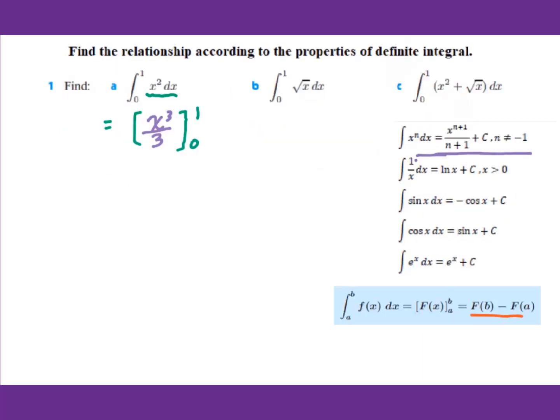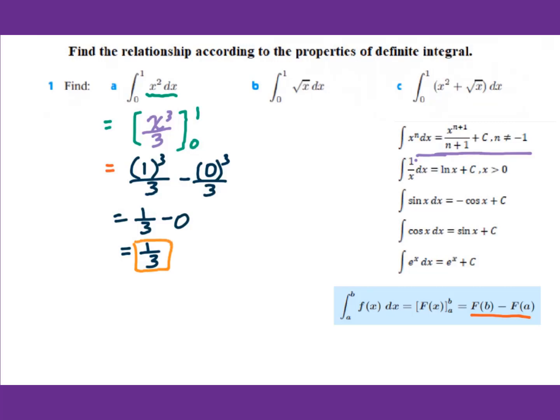You will get 1 to the third power over 3 minus 0 to the third power over 3. That is 1 over 3 minus 0 equals 1 over 3. So for a definite integral, your answer will be a number as a solution. Let's go to B.